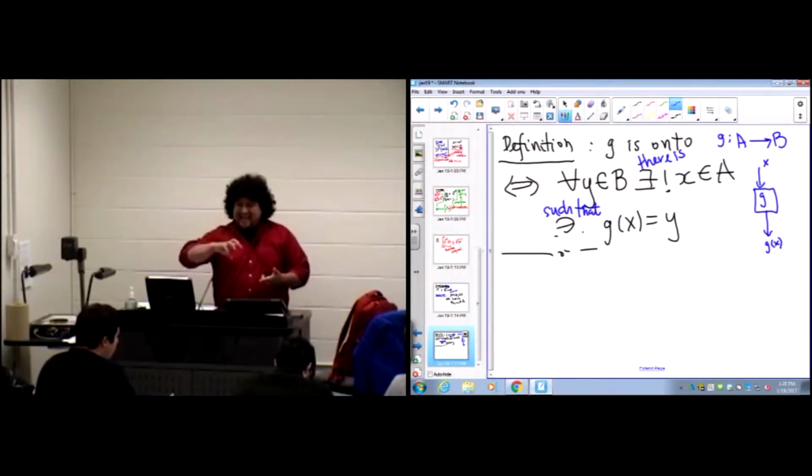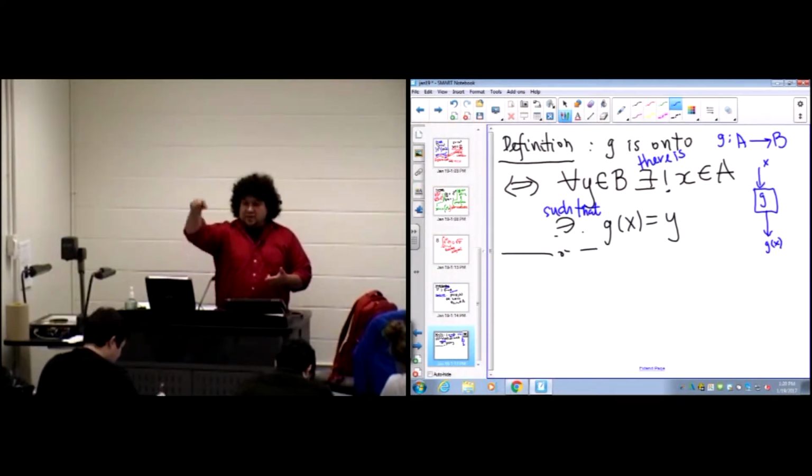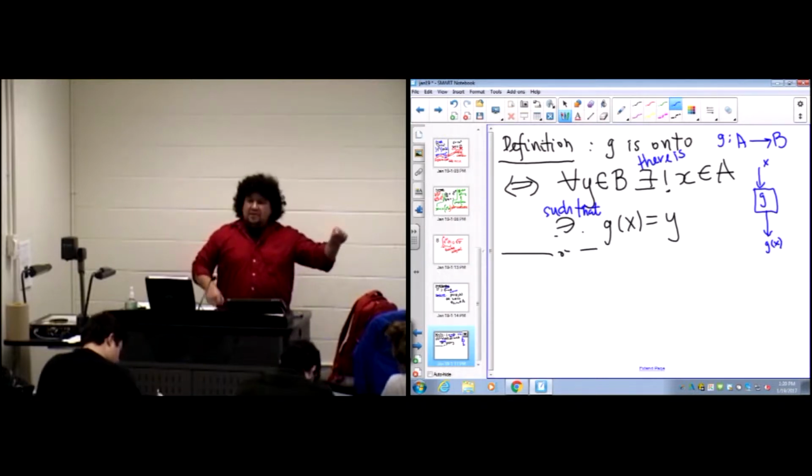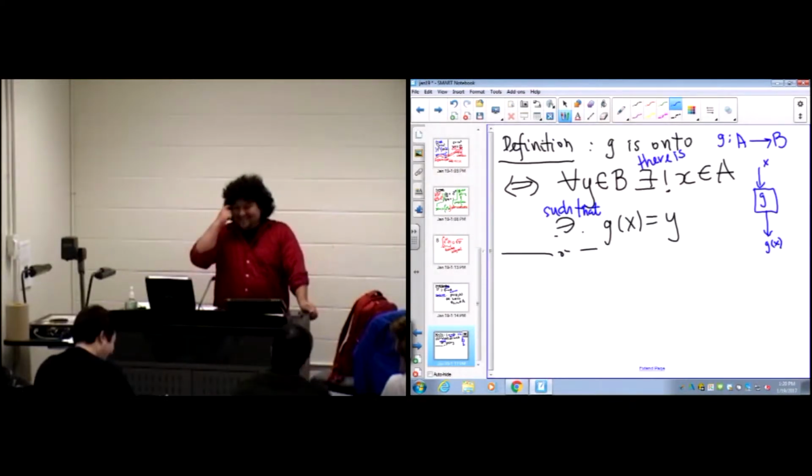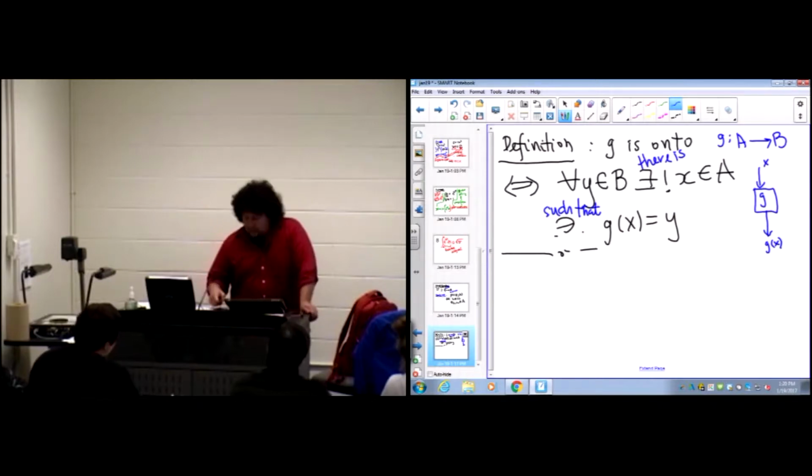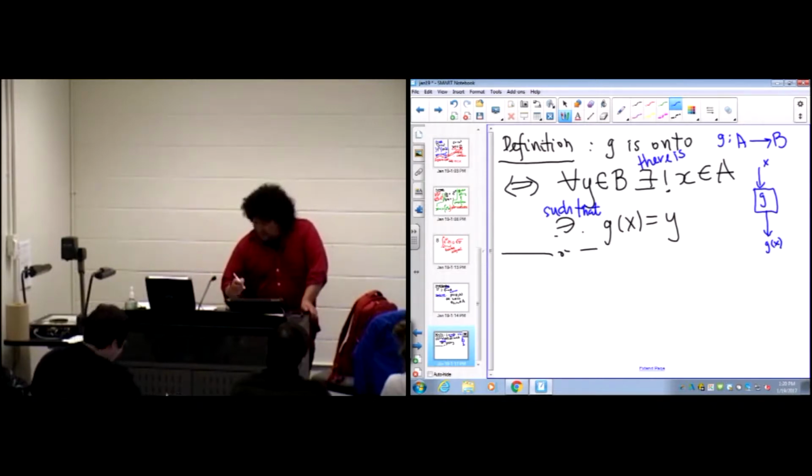For every member of the codomain, there is a unique member of the domain such that the function evaluated at the domain value is exactly equal to that arbitrary member of the codomain. Unique. Here, the key is unique.